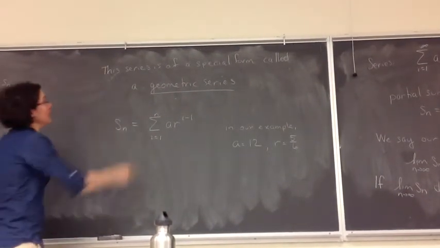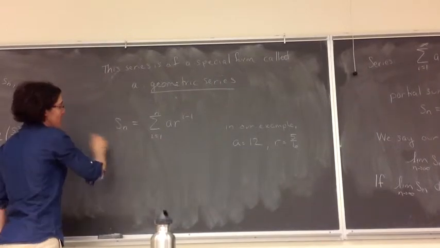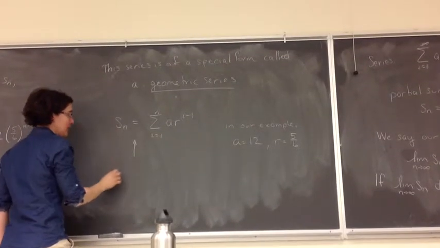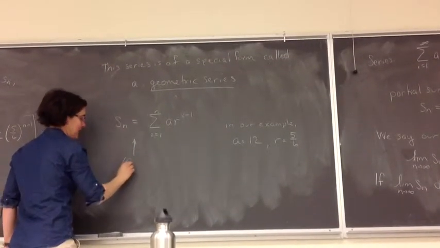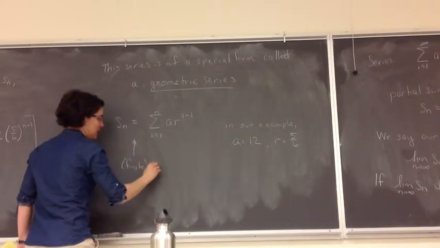And this is called, the series is a special form called geometric series, and because this is a partial sum, this is a finite geometric series.